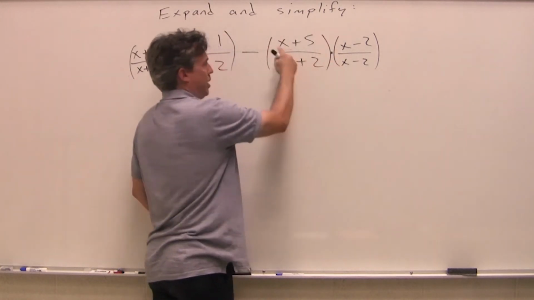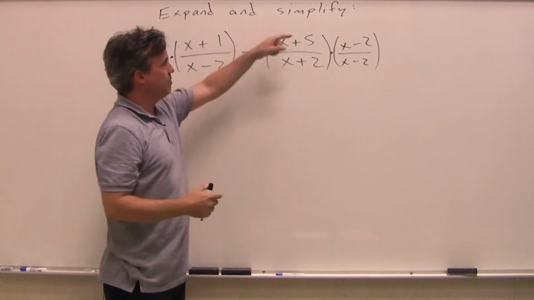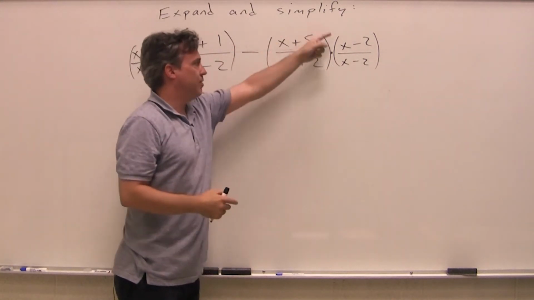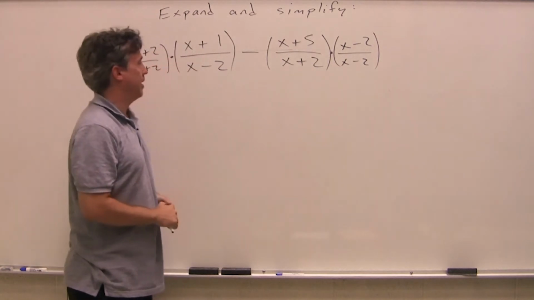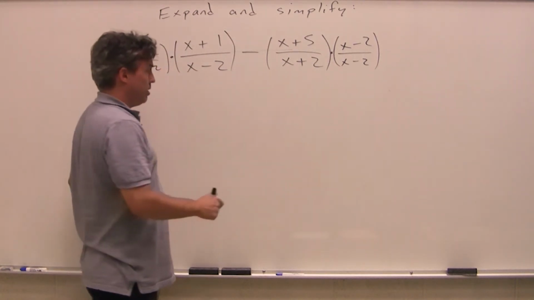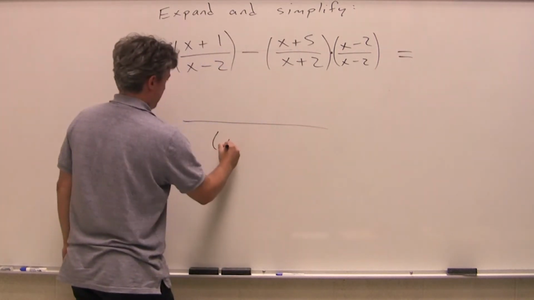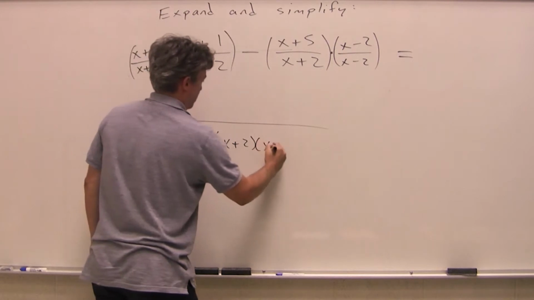Again, whenever I'm multiplying sums of things times sums of things, I put brackets to remind myself, hey, I have to distribute this x and this 5 over both of the things it's multiplying. Now I'm set up to proceed. I have the same denominator, so why don't I actually just write that denominator right away? X plus 2 times x minus 2.